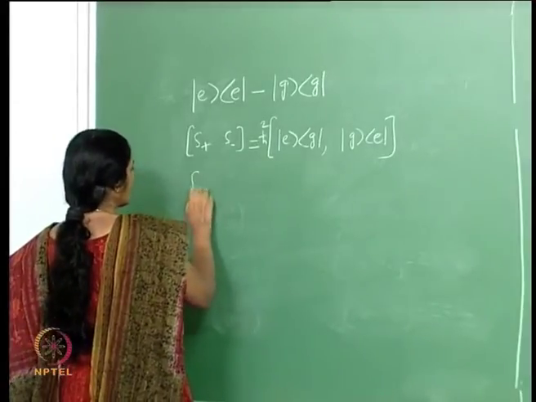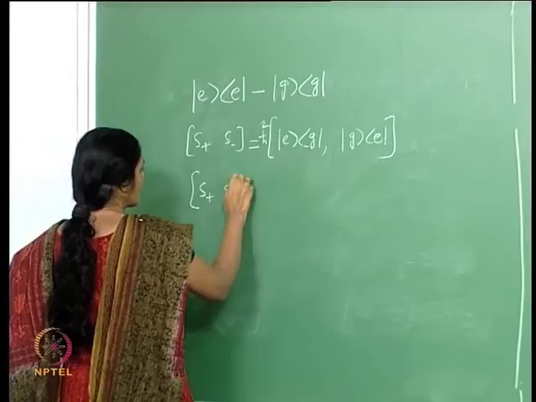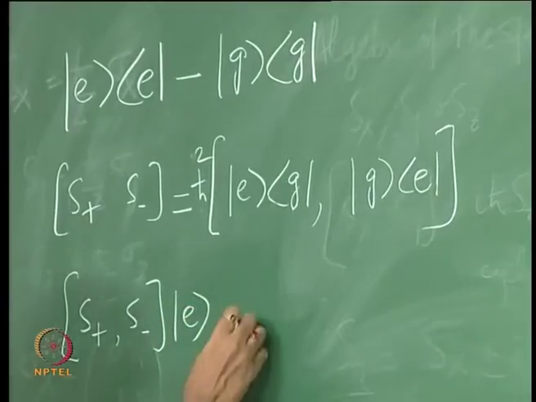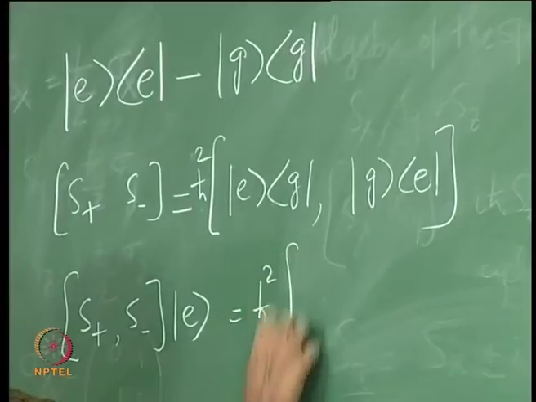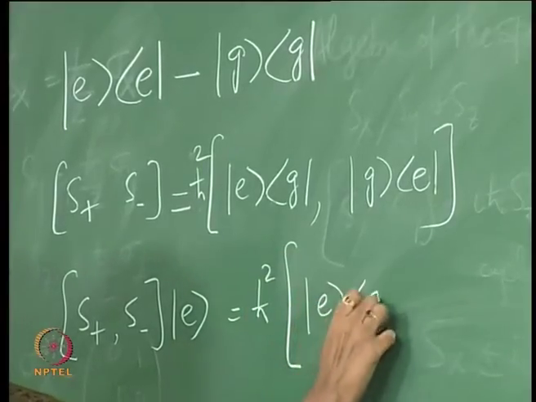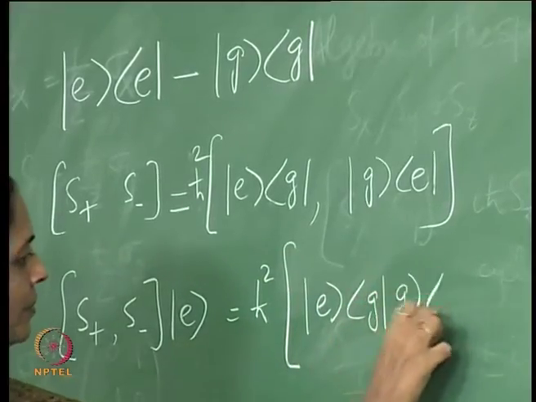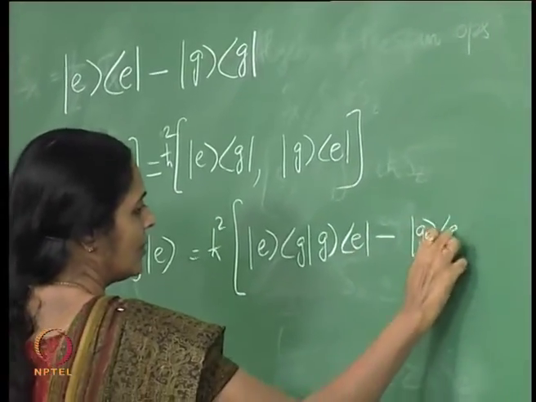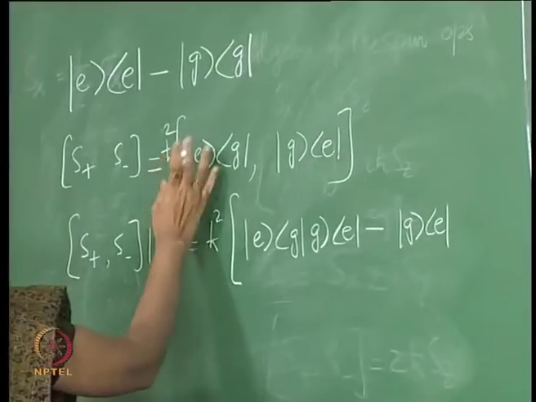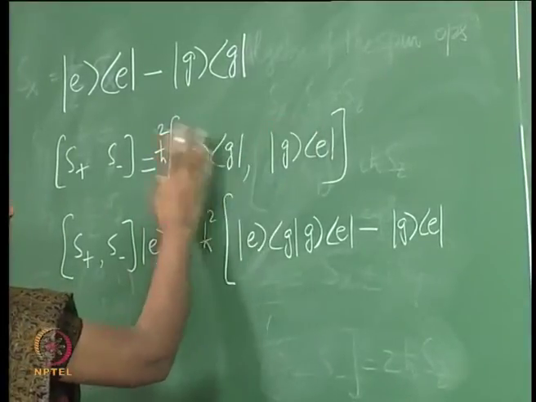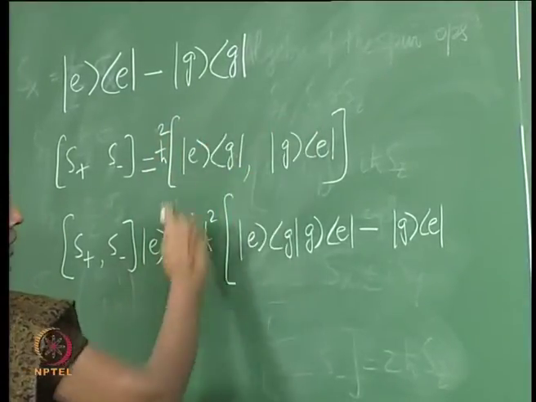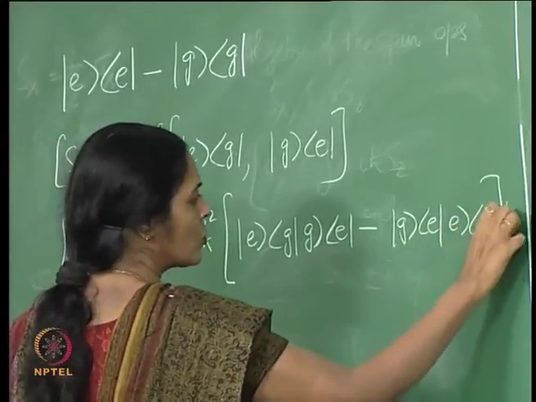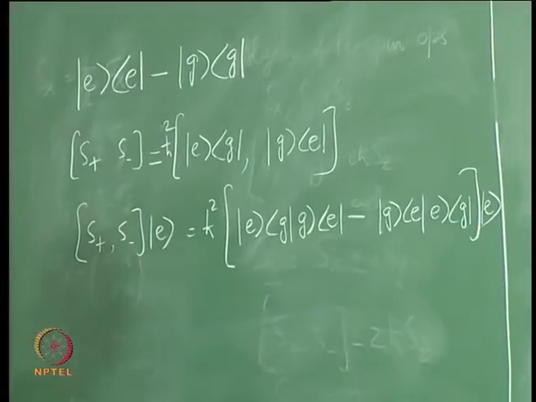So let us consider the commutator of S plus with S minus acting, shall we say, on the state e. So this is the same as ħ squared. Suppose I expand the commutator. Since the commutator is AB minus BA, where this is the operator A and that's the operator B, and this is supposed to act on ket e.